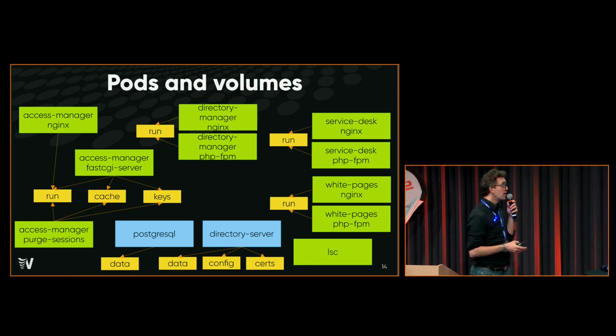And of course, we have some volumes that are used here to share data between pods and to persist, of course, some data. All the configuration are persisted. Of course, all the users and all the groups are persisted.